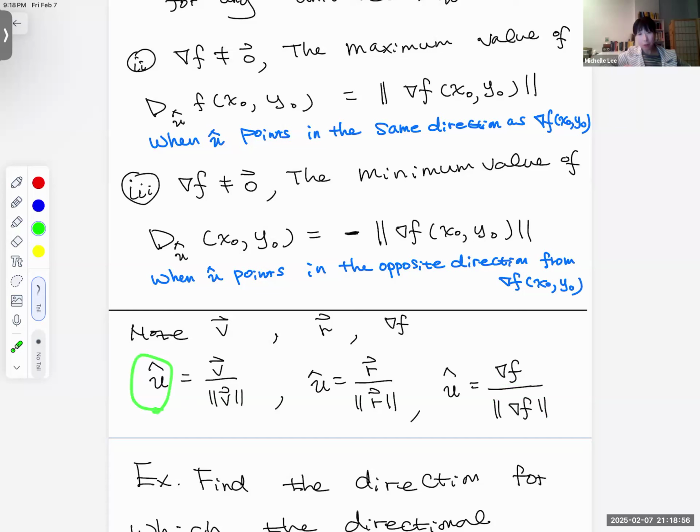So how do you find the unit vector of the gradient? The gradient of f divided by the magnitude of the gradient, yeah?